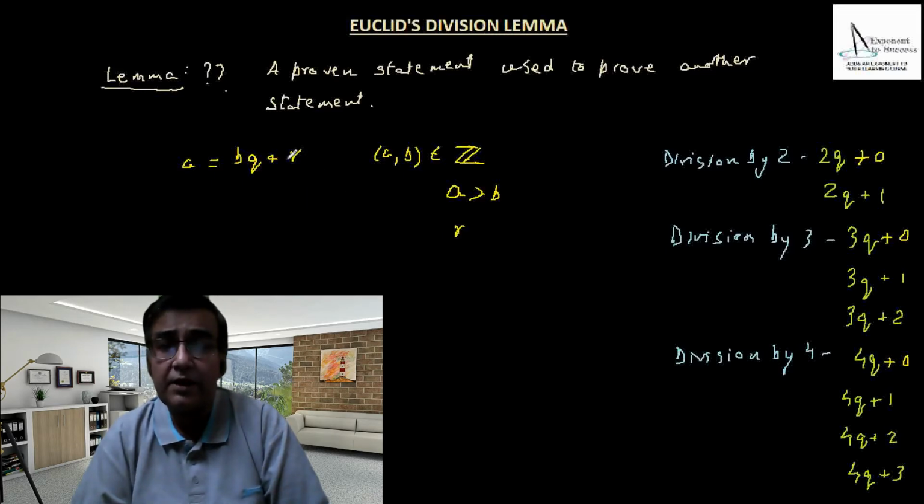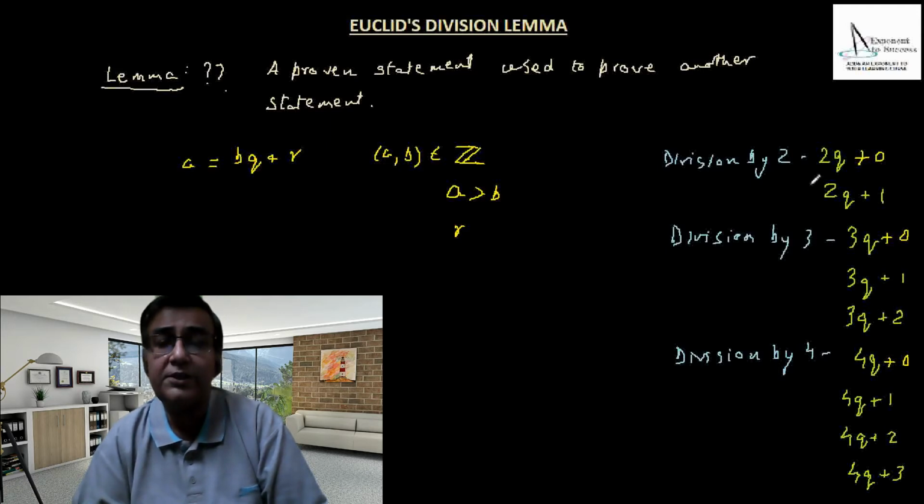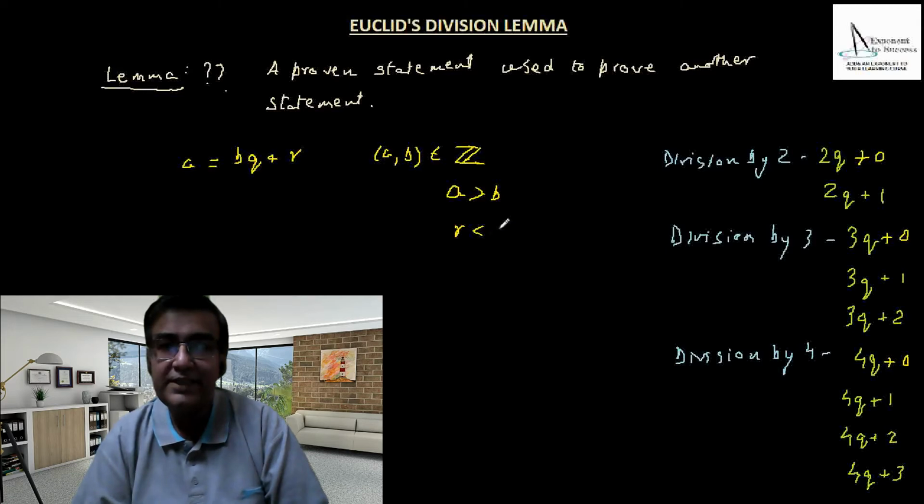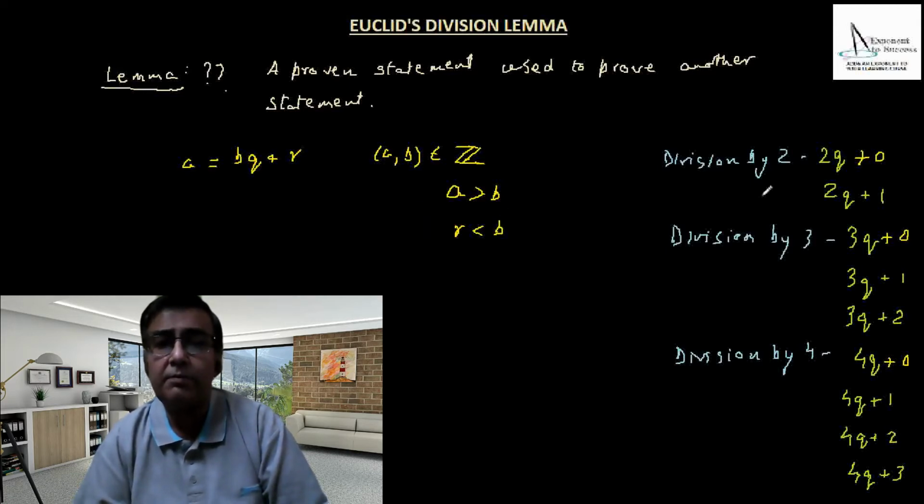And if we look at r, like we saw, it could be 0 or 1 in the case of 2, 0, 1, 2 in the case of 3, and 0, 1, 2 and 3 in the case of 4. So you see that b is always greater than r, or r, the remainder, is always less than b. But the remainder can be 0, 1, 2, or any number less than b.